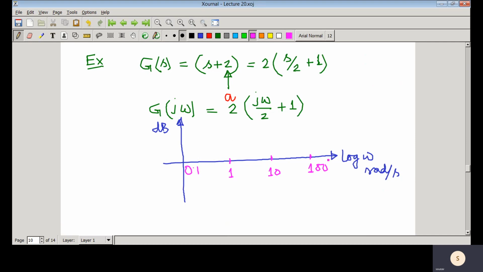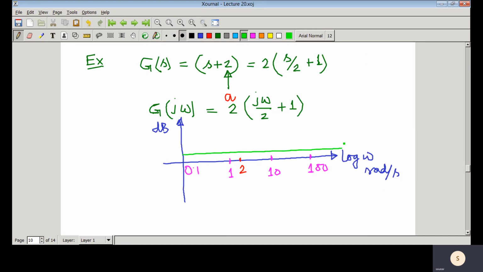As we know the corner frequency is 2, so suppose this is the corner frequency 2, and this is in log scale, and 20 log 2, that means in low frequency, one factor would be that. If we take the mod of this one, 20 log of that, then what we would get is one line, that is 6 dB.